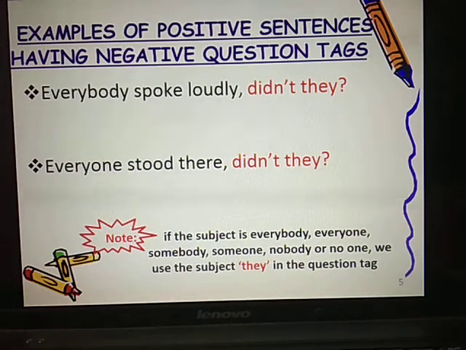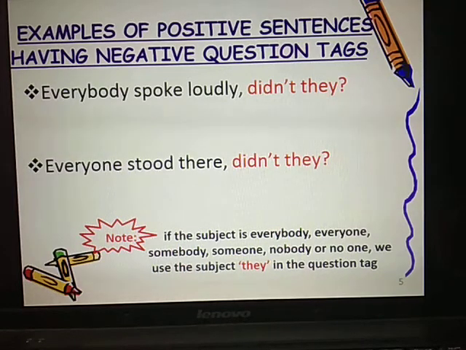Now examples of positive sentences having negative question tags. Let us see how a positive sentence will have a negative question tag, like everybody spoke loudly. Everybody spoke loudly means here we haven't used the word not, so it is a positive statement. So didn't they.